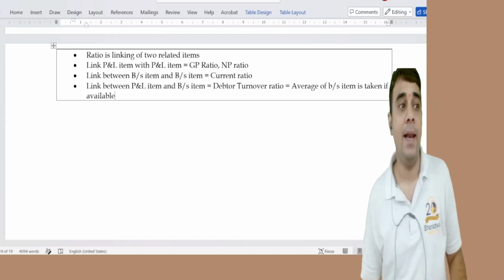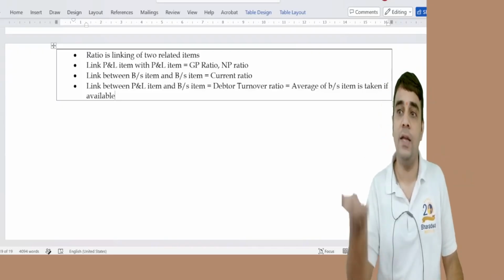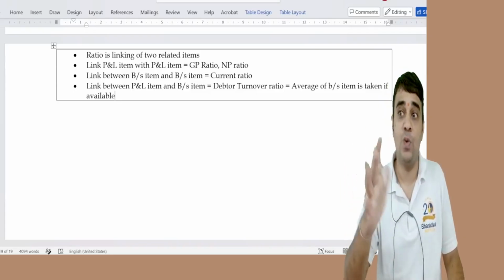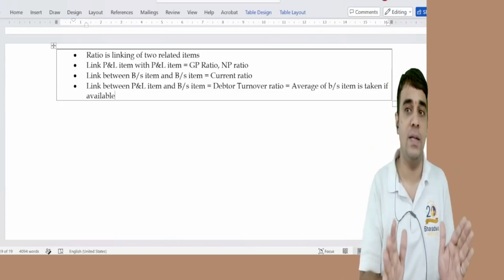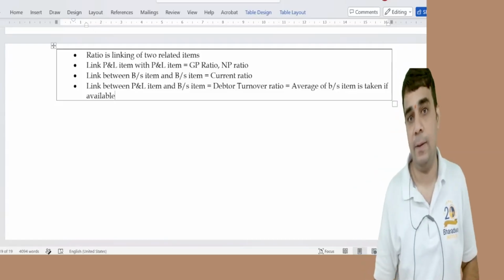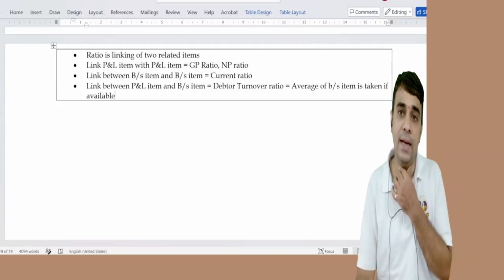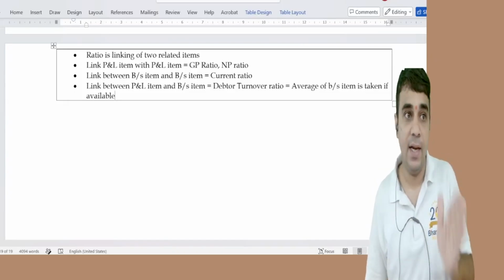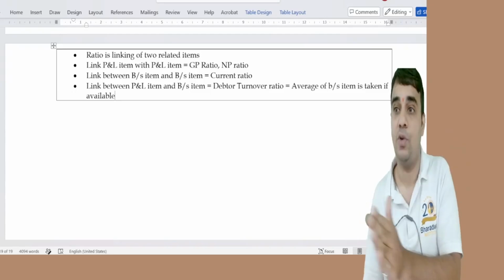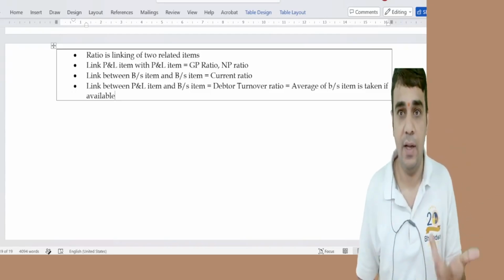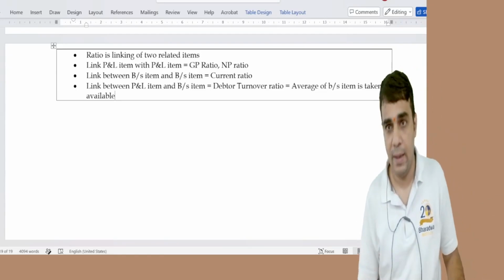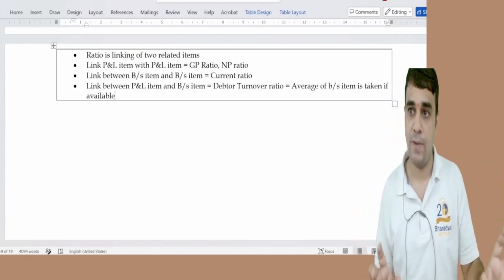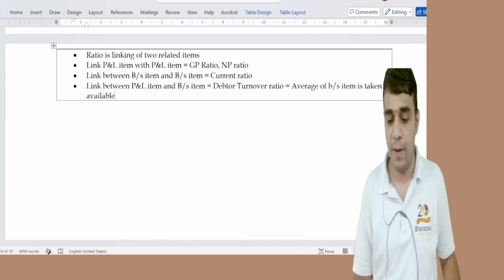Reason is the balance sheet items, stock would have got inflated, debtors would have got inflated, whereas sales wouldn't have got impacted fully. 11-month normal sales, only 1 month of sales would have got impacted. So when we link a P&L and a balance sheet item, the ideal is to take the average of the monthly 12 months, which is difficult because I don't have data to do all that. Let us at least take the average of the opening balance sheet value and closing balance sheet value wherever feasible.